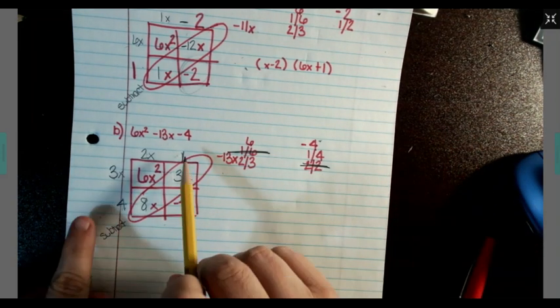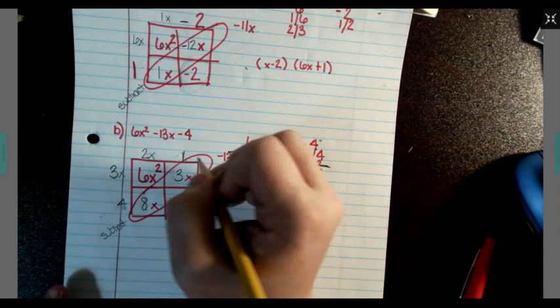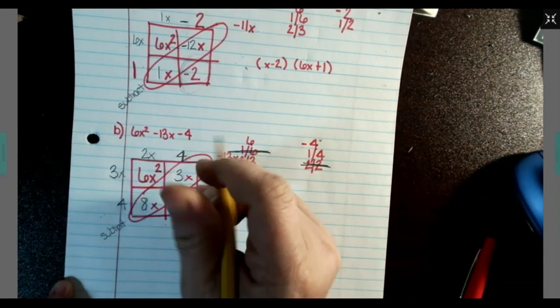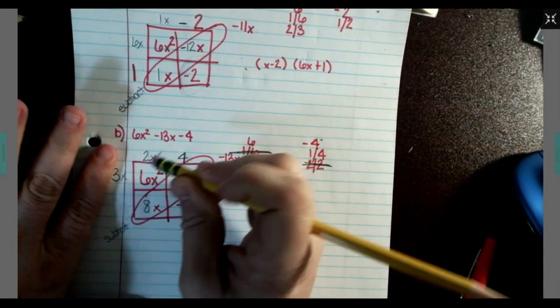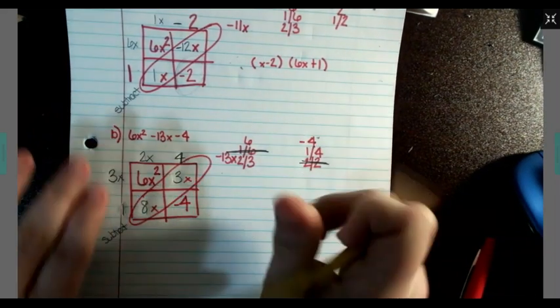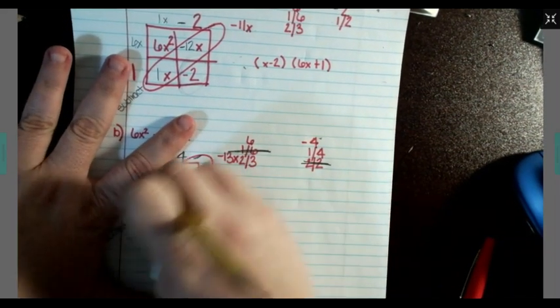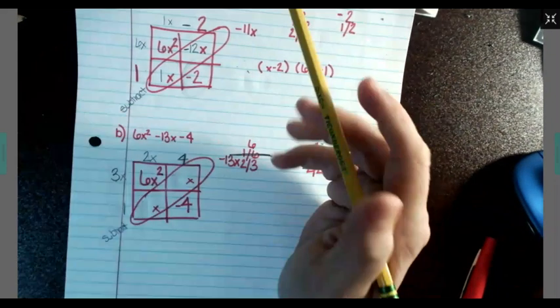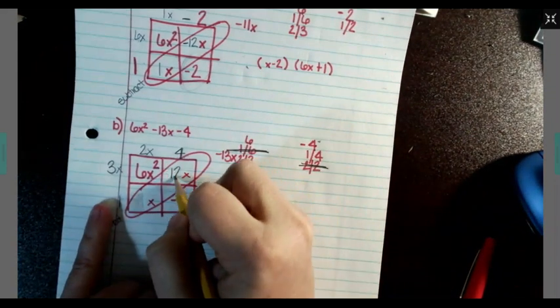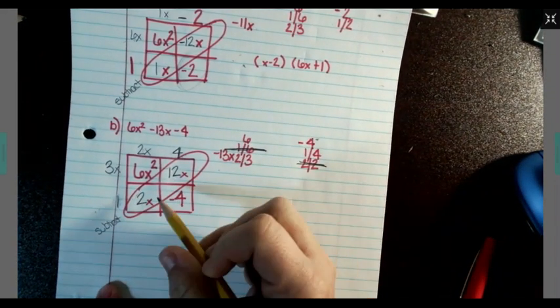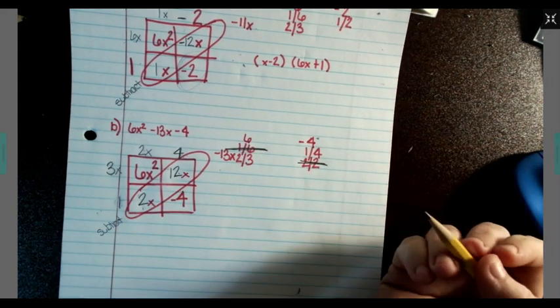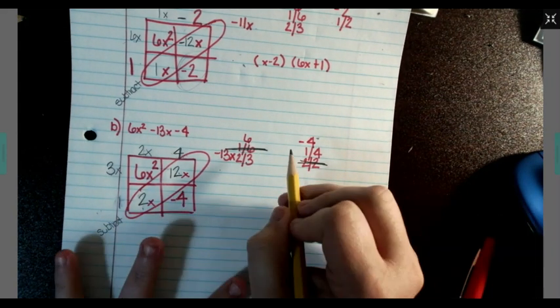Doesn't work. But I can reverse these because these numbers are not the same. So let's put the 4 here and the 1 here. Okay. This gives me 12. This gives me 2. When subtracted, I get 10.